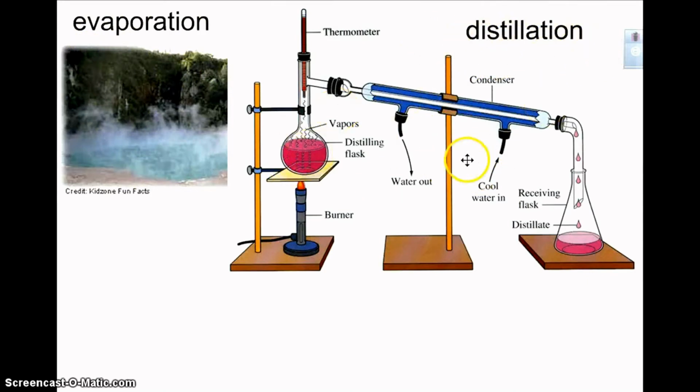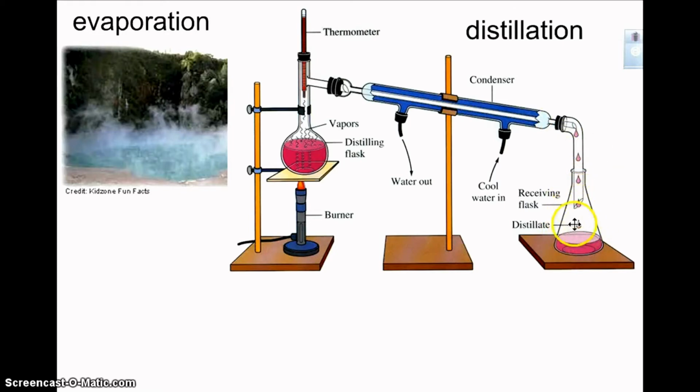If you look at this picture, you can kind of figure out what's going on. Okay, so here we have a mixture. Okay, it's a solution, so that's water mixed in with some other chemicals. It's being heated, so the water is going to evaporate out, and then it travels into this tube where it gets cooled, and so when water vapor gets cooled, it turns back into a liquid, and it travels down the condenser tube and into the receiving flask as a liquid.